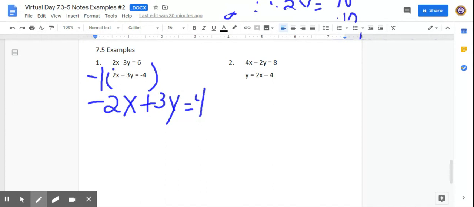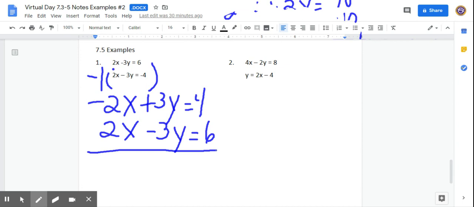Now I have my equation. Take my first equation, write it right underneath. And then, let's see, add. Negative 2 plus 2, 0. Positive 3 minus 3, 0, equals 10. Oh, ding, ding, ding.